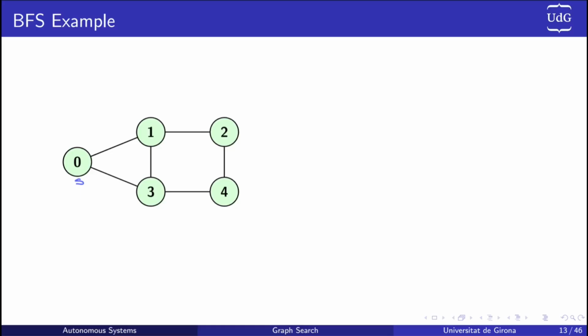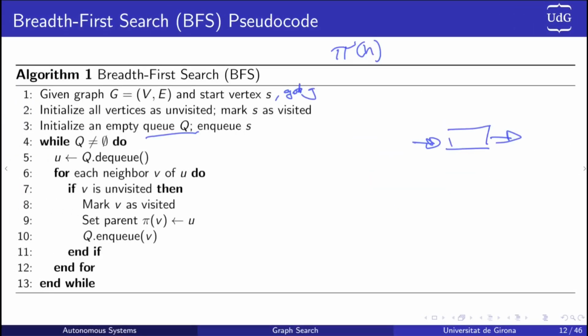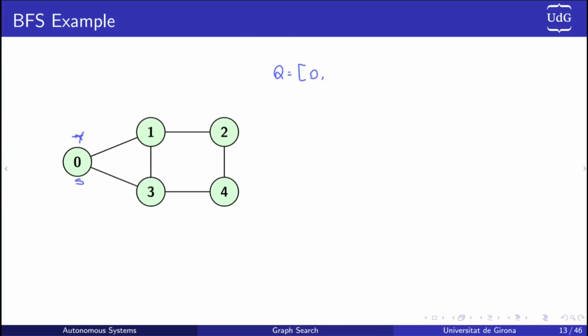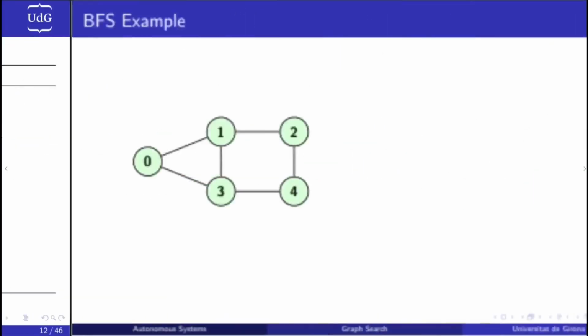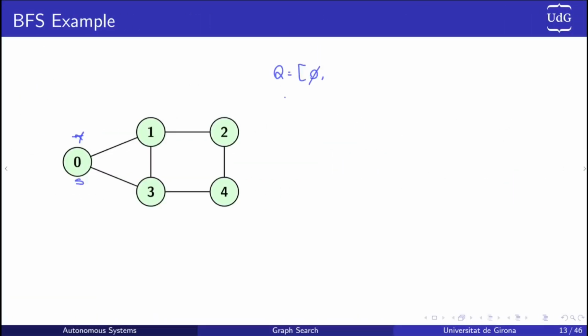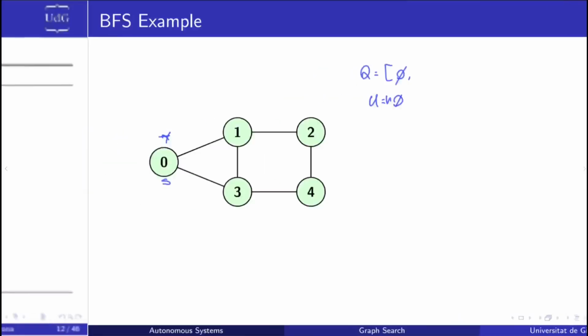Initially all the vertices are unvisited except this one, and in Q I only have the vertex 0. Then the first thing I have to do, according to the algorithm, is, while Q is not empty, because there is this 0 node, remove whatever is in Q. Now my U is equal to node 0.